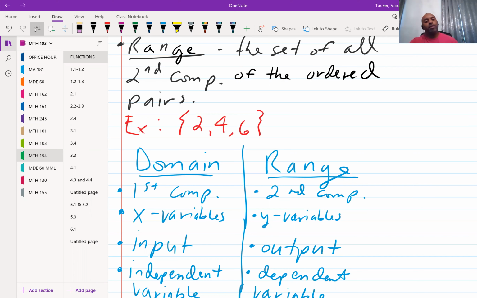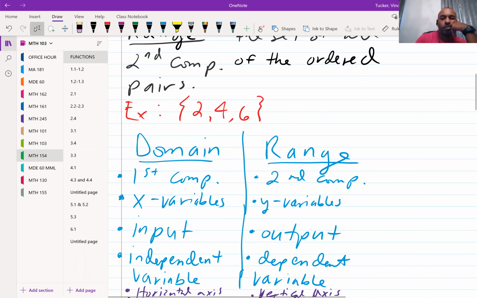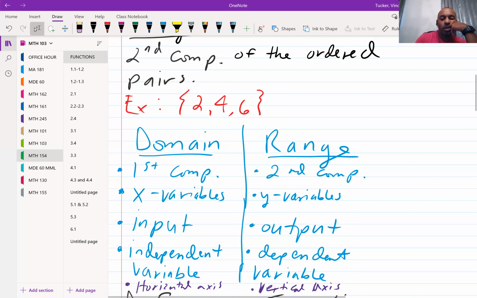Domain is your independent variable, range is your dependent variable. Going back to input and output, your X values are normally the values you plug in, and the range will be the values you get out. Independent, your range depends on your domain. And the last one, your domain will be the horizontal axis while your range will be the vertical.